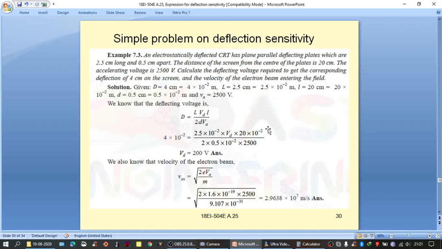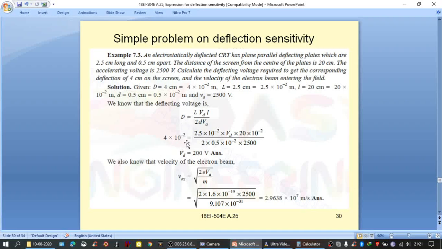Here the problem is a little twisted. Instead of giving the values and asking for deflection sensitivity, here the deflection value is given and it is asked to find out the deflecting voltage.